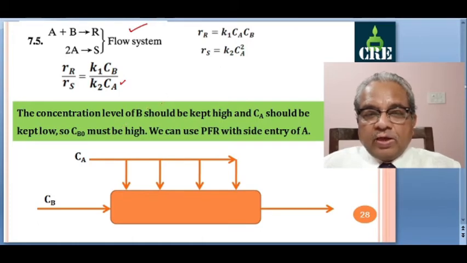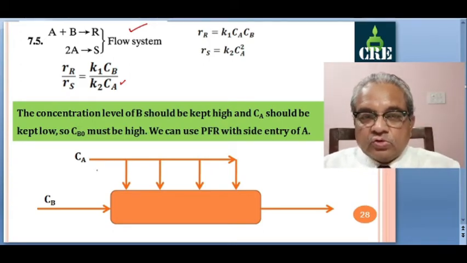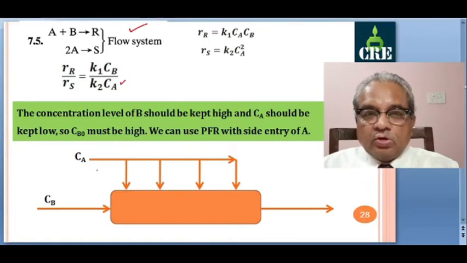So B is kept high, and A should be maintained low. So we will use side entries in the plug flow reactor. B will enter at the entrance of the plug flow reactor, and for A we have multiple side entries. So A at multiple locations in low concentration will be fed to the reactor.